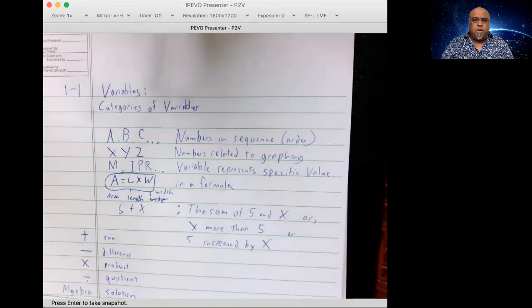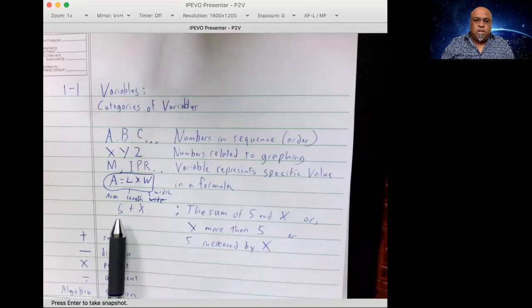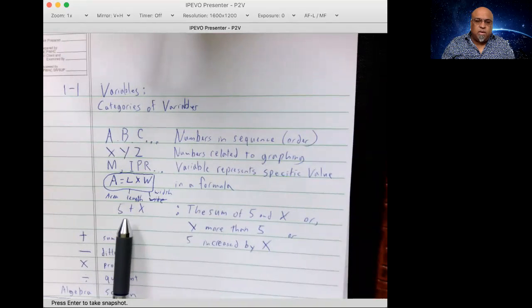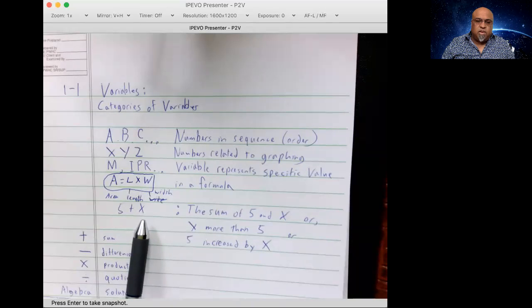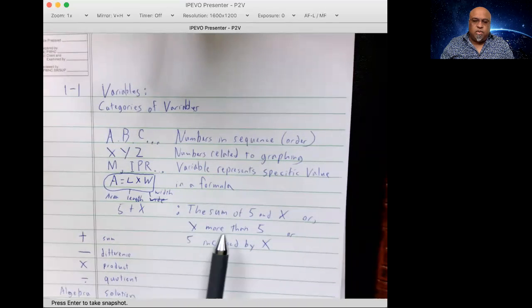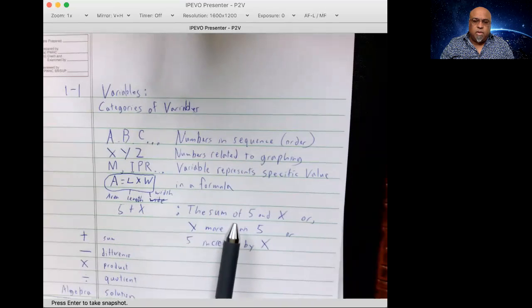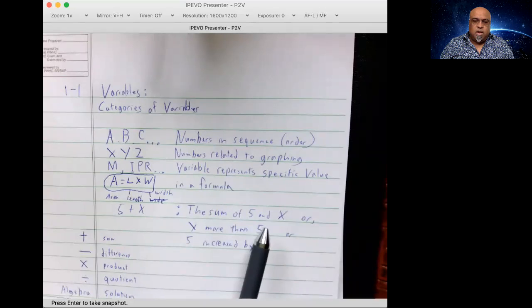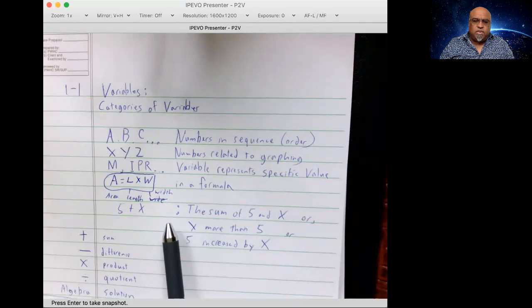Now, I need you to pay attention to something very carefully. The order of the expression from left to right. 5 plus x. Now, in the first sentence here, it describes it as the sum, meaning the answer of 5 and x. Now, do I know what the answer to 5 plus x is?